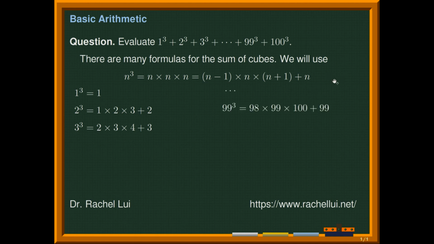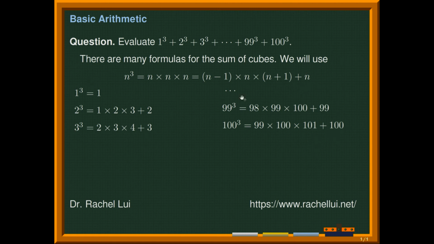Then we have 99 cubed, which is 99 times 99 times 99, which is equal to 99 minus 1, which is 98, times 99 plus 1, which is 100, plus 99. For the last term, we have 100 cubed, which is 100 times 100 times 100, which is equal to 100 minus 1, which is 99, times 100 plus 1, which is 101, plus 100.